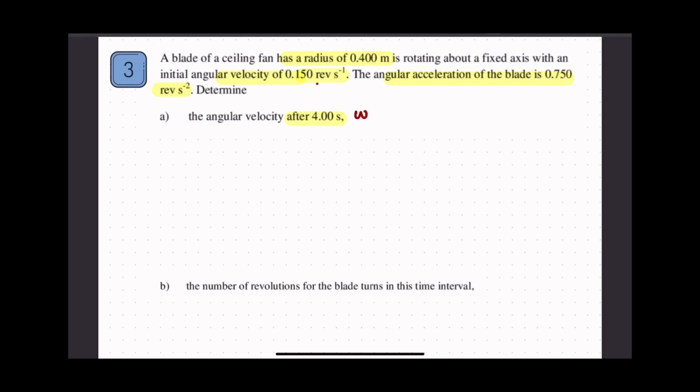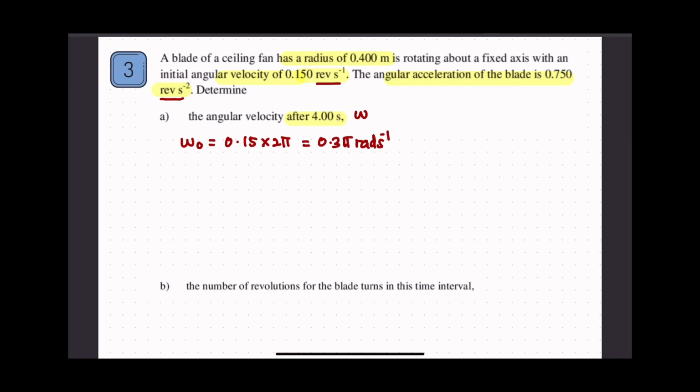But remember that the units for omega and acceleration are not SI units, so you have to change first to radian per second. So omega naught is equal to 0.5 times 2 pi, because 1 revolution is equivalent to 2 pi. So we get 1 pi radian per second.